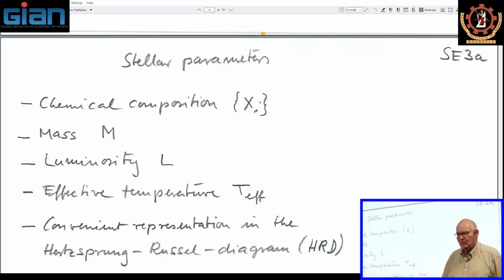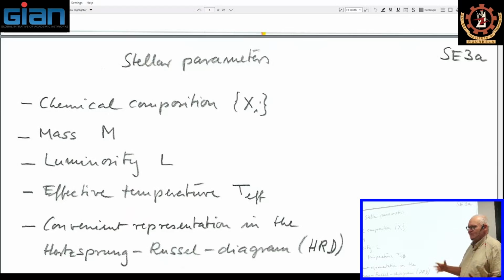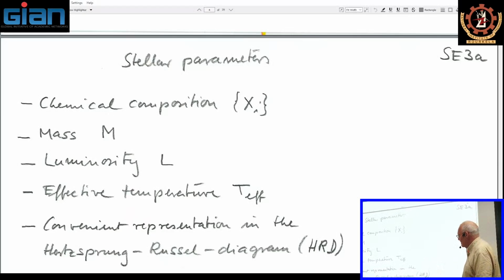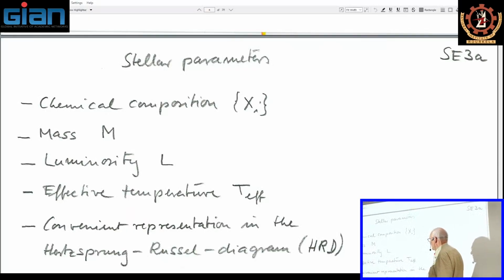So we have to know how much hydrogen, how much helium, and how much of the heavy elements are within the mixture. Mass of the sun. Some stars are much less massive and some stars are more massive than our sun.